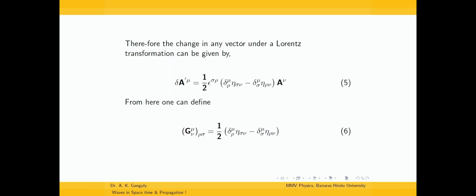Now, take the difference between the primed coordinate system vector and the unprimed coordinate system vector, and this difference should give us the change that this vector has undergone.